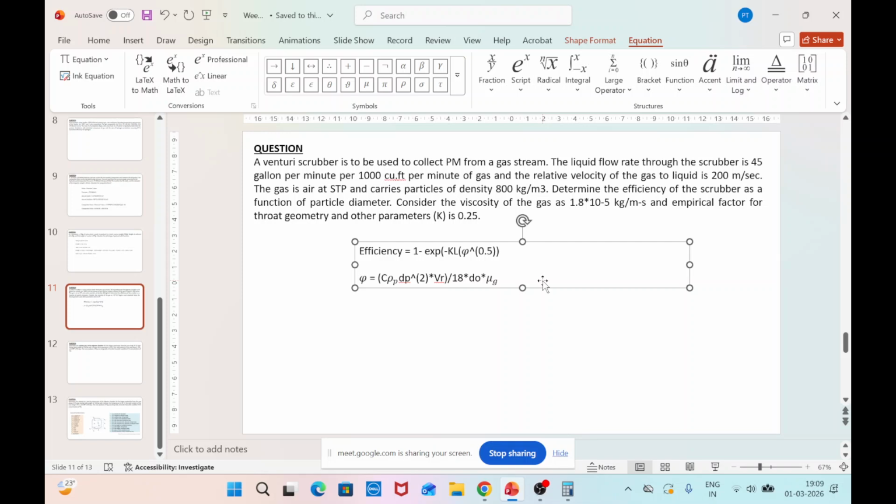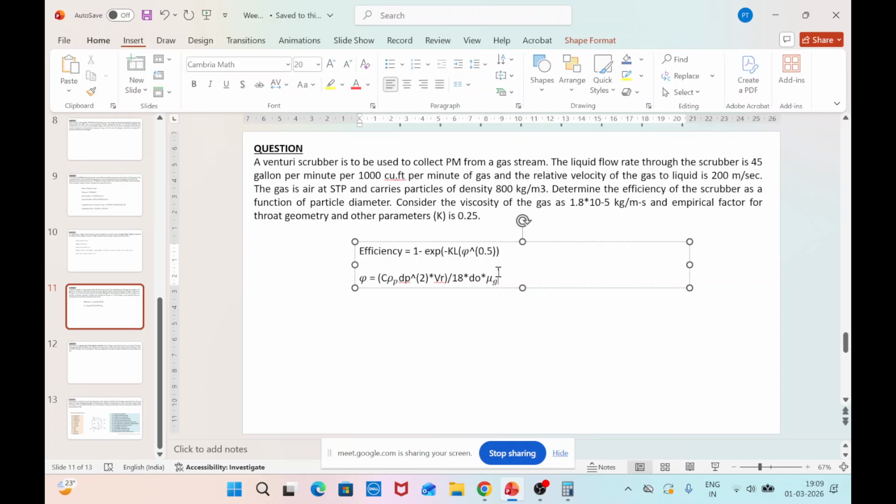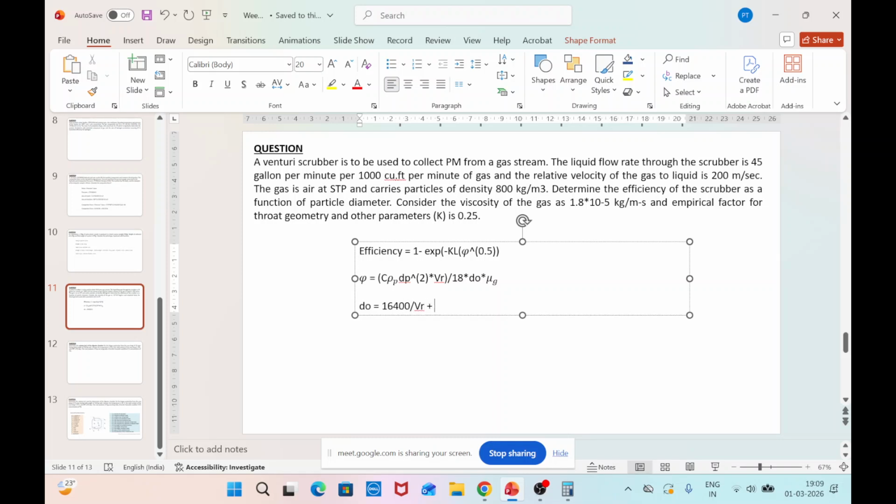Based on that, we will be able to calculate the expression for psi, and d0 can be related as 16,400 by Vr plus 1.45 L to the power 1.5.